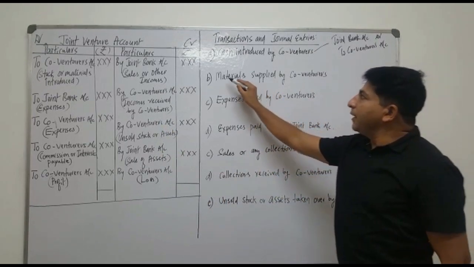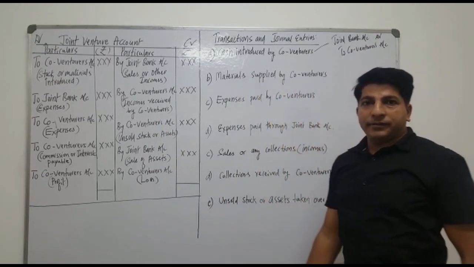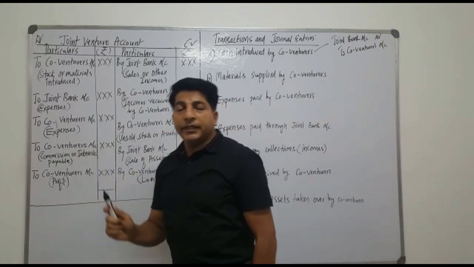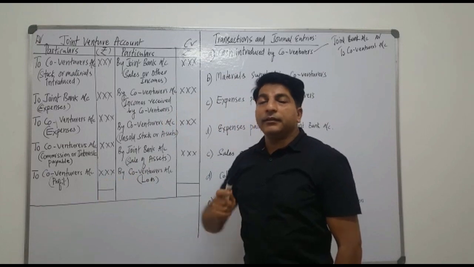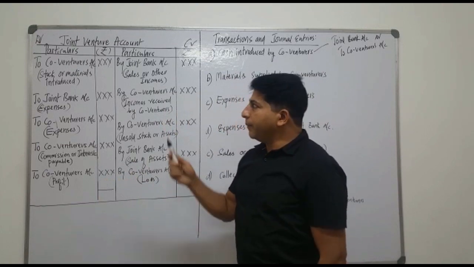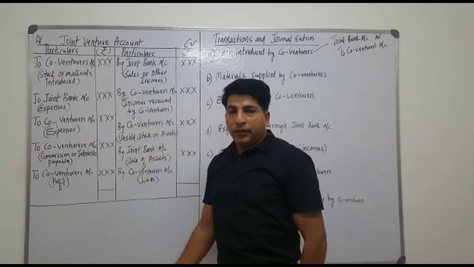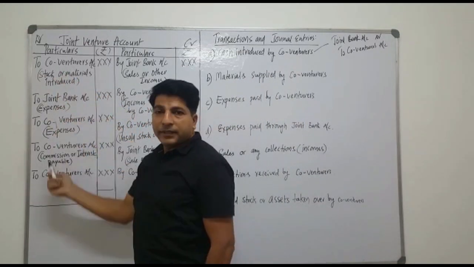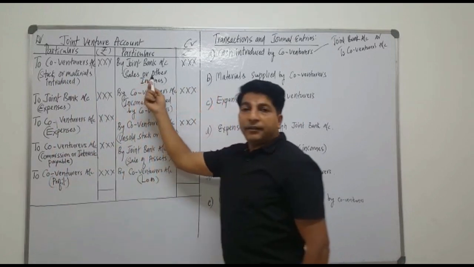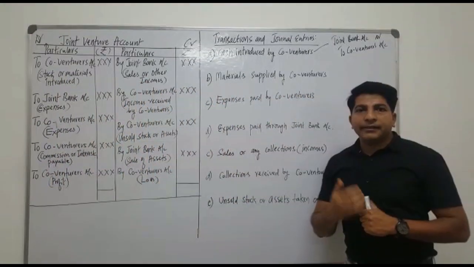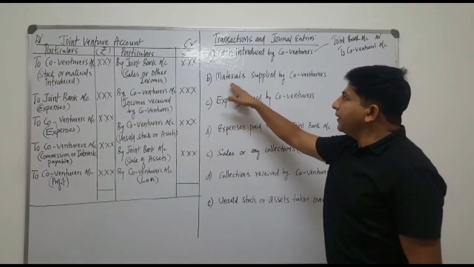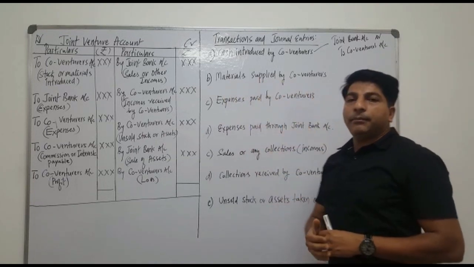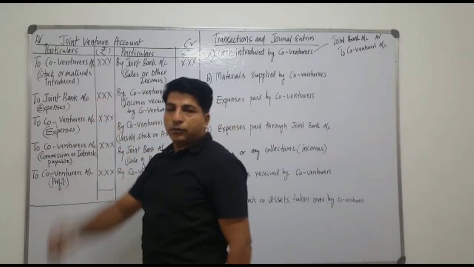Next, materials supplied by co-venturers. Joint venture account is prepared and all the expenses and incomes will be recorded in joint venture account. This account is debited for expenses and credited for incomes. Next transaction is materials supplied by co-venturers. So this entry will be made in joint venture account.